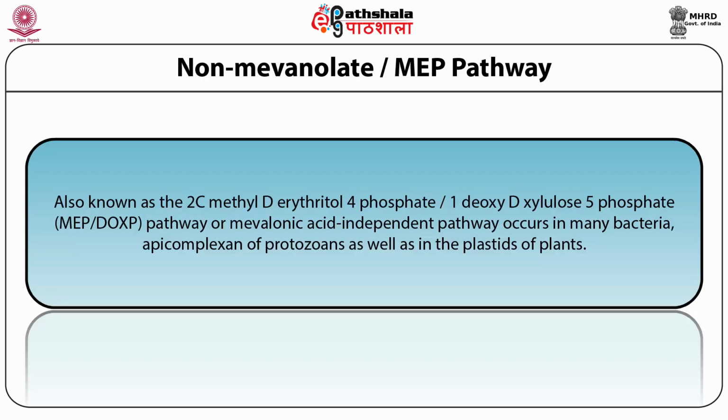In higher plants, the mevalonate pathway operates in the cytosol, while the non-mevalonate or MEP pathway operates in the plastids.